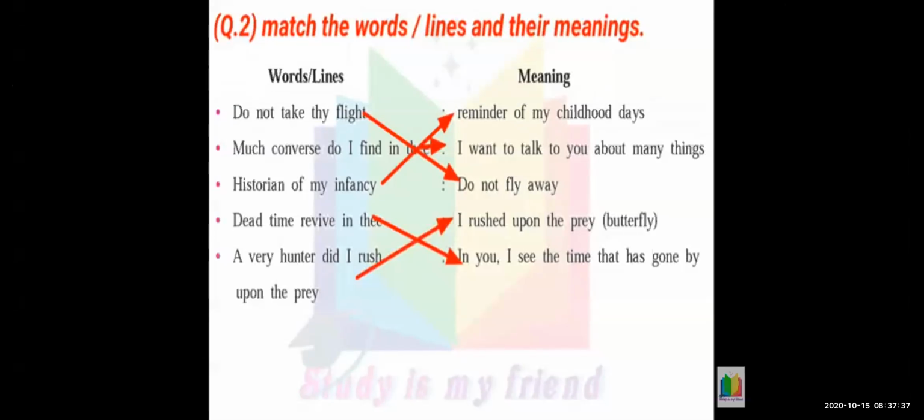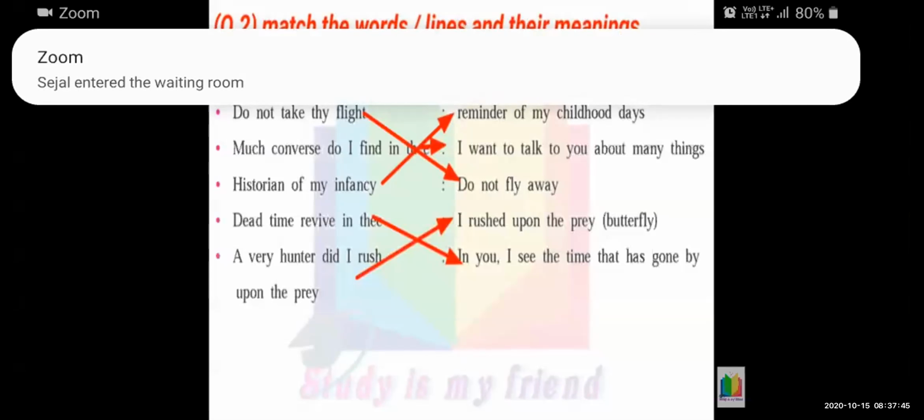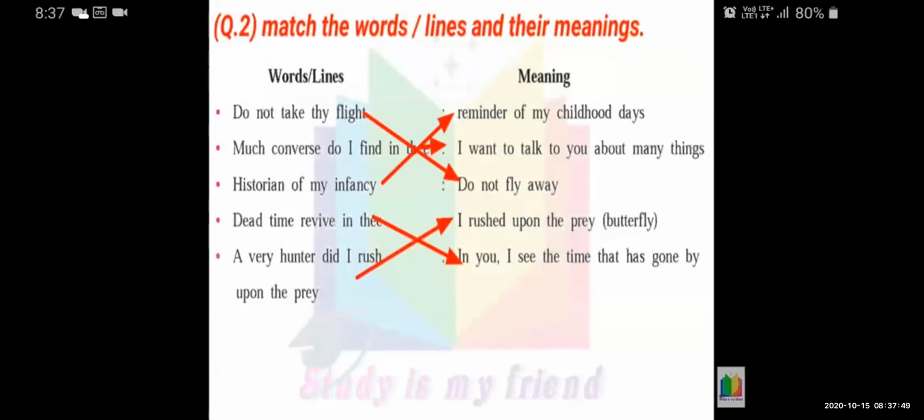Much converse do I find in thee. I want to talk to you about many things. The poet wants to see this butterfly. The poet wants to share his experiences with the butterfly. Much converse do I find in thee means I want to talk to you about many things.